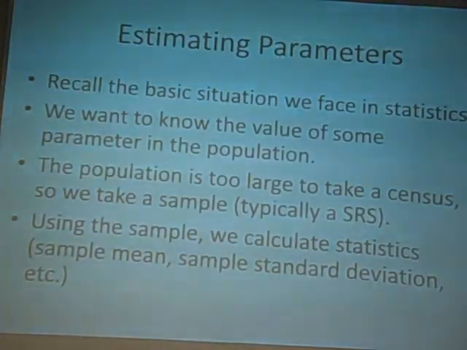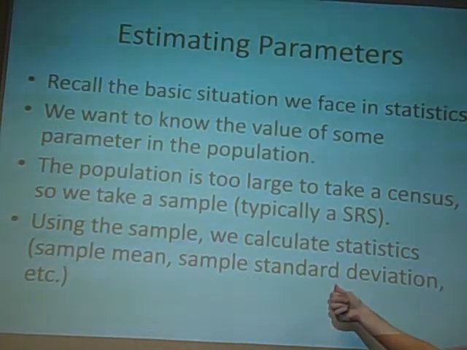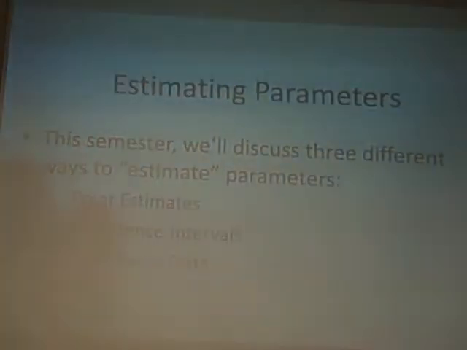Going back to this slide, this is really the question for the second half of the course: if we want to know something about the population, how can we estimate that? The ones we're going to be looking at are means, standard deviations, and proportions. Those are the main ones.